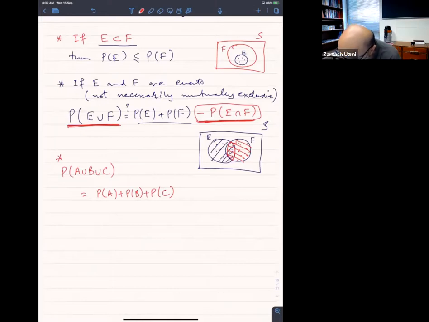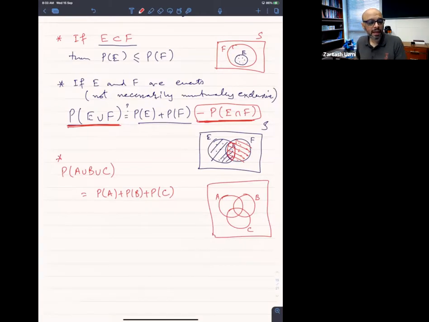So when I have A, B, and C together, this is A, this is B, and this is C. What do I need to do? Again, हमें नजर आ रहा है कि बहुत सारी double counting हो रही है.